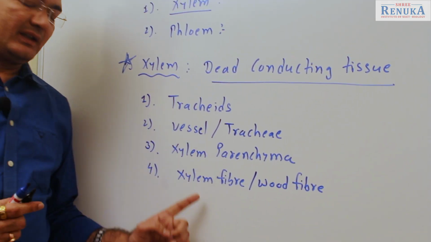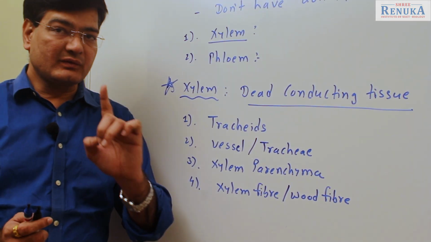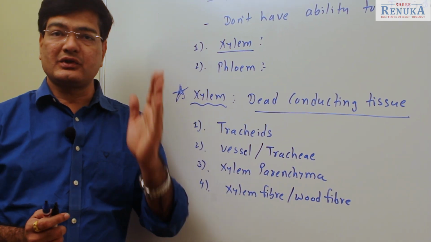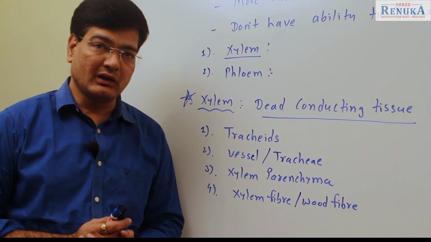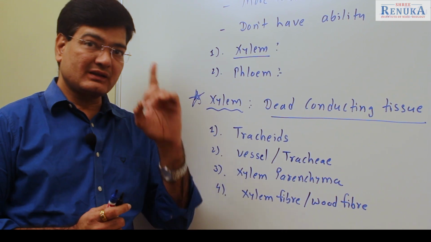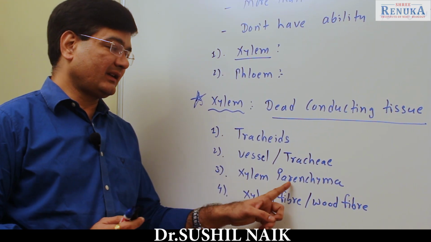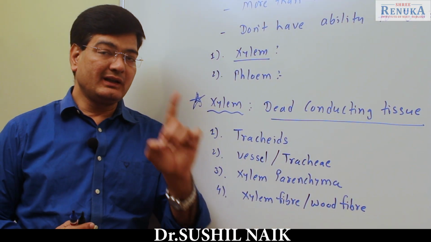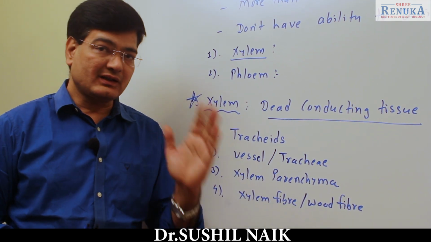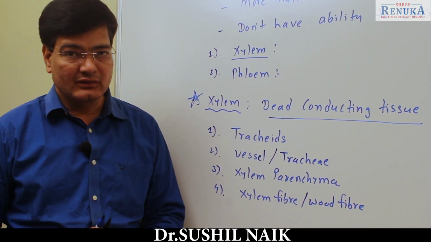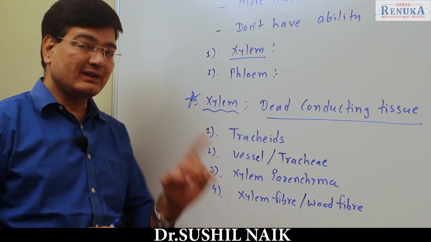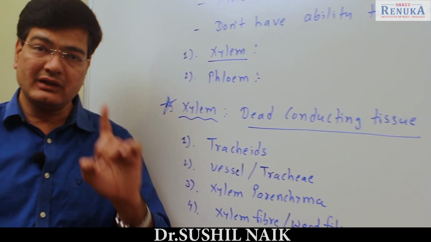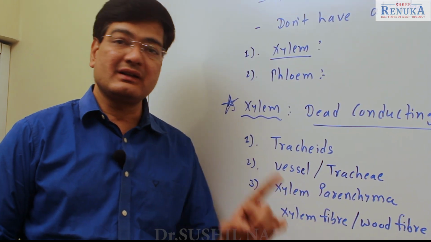All units in the constitution of xylem are dead due to deposition of lignin on the inner wall of the cells. But the single unit, that is xylem parenchyma, is devoid of any lignin deposition, and that's why the cells are living. So the entire tissue is a dead tissue, but the single unit called xylem parenchyma is living inside it.